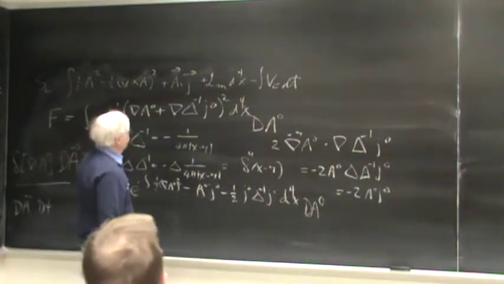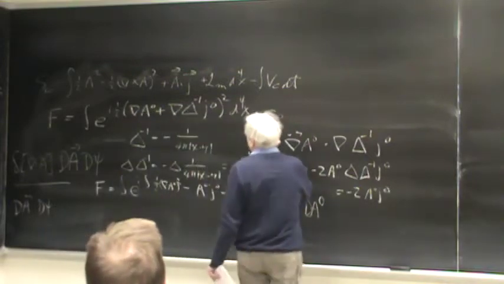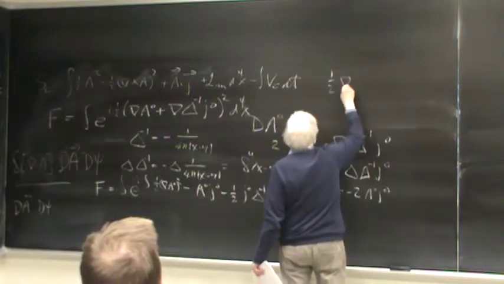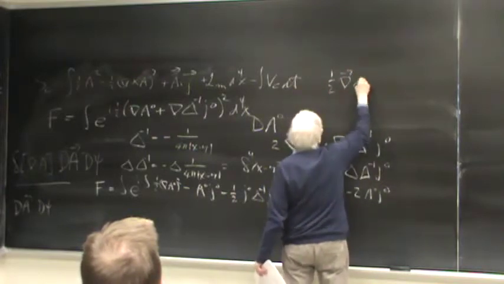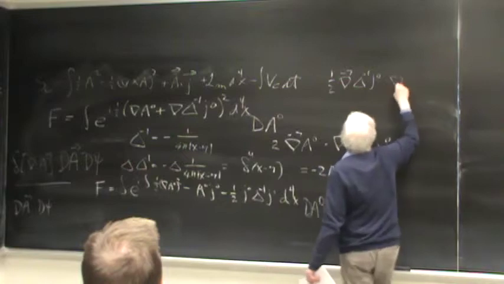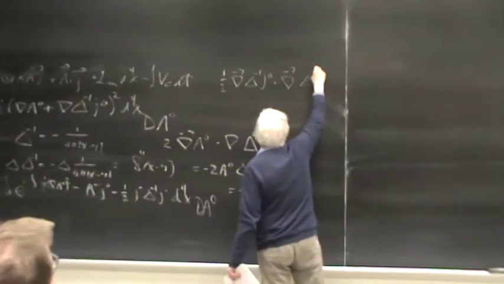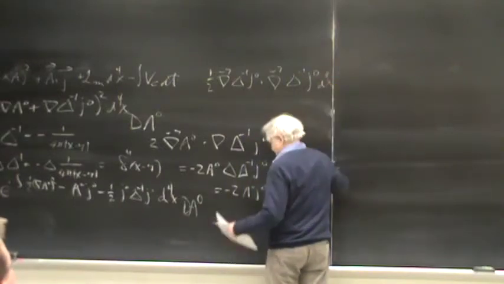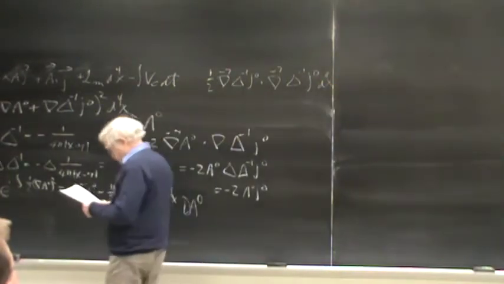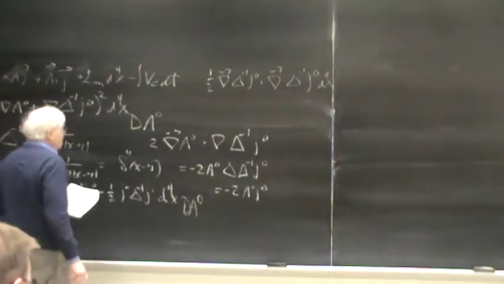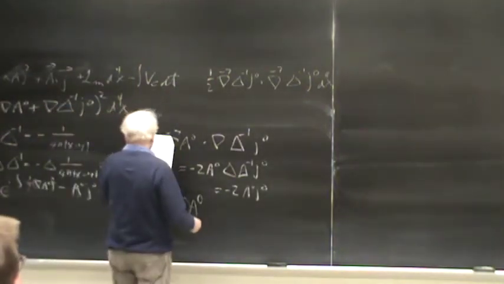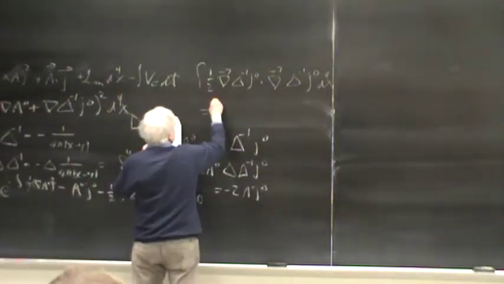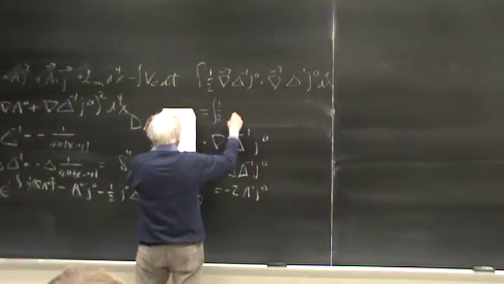The other term is this thing squared, which is a half gradient inverse Laplacian J0 gradient dotted into gradient inverse Laplacian J0 d4 x. And what is this? Well, one way of writing it is a half, well, we're integrating, so we can integrate by parts.